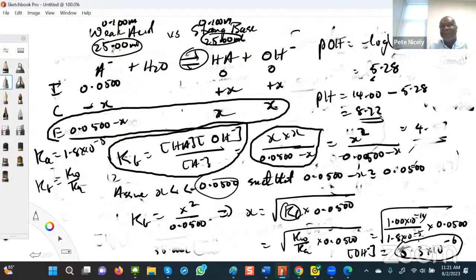In this case, it's 8.72. So if you're titrating a strong base versus a weak acid, the pH at the equivalence point would be above 7. Now, if it's the reverse, if it's a strong acid versus a weak base, then the pH would be below 7. Okay. Gotcha. Thank you. Right. So that's basically how that is done.